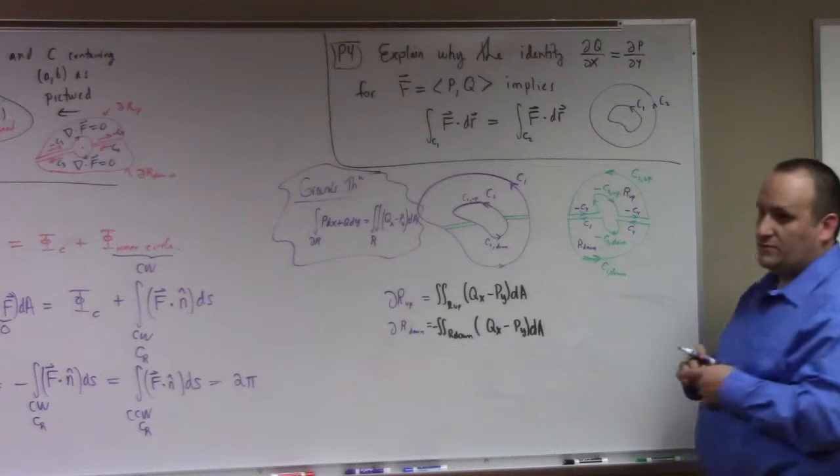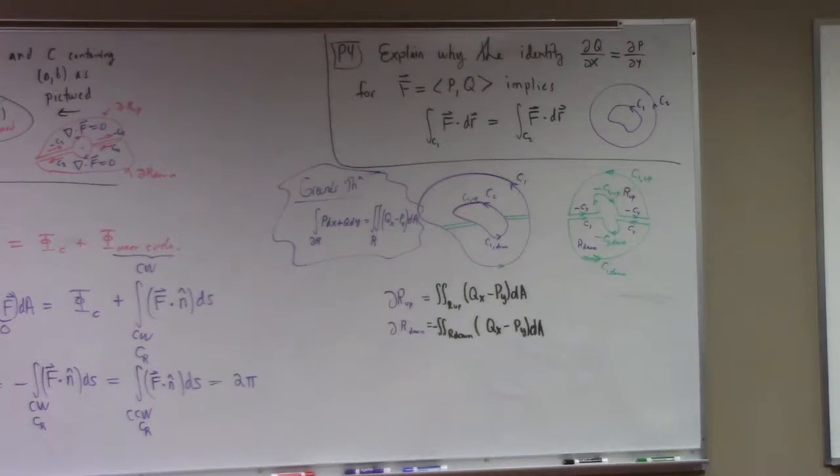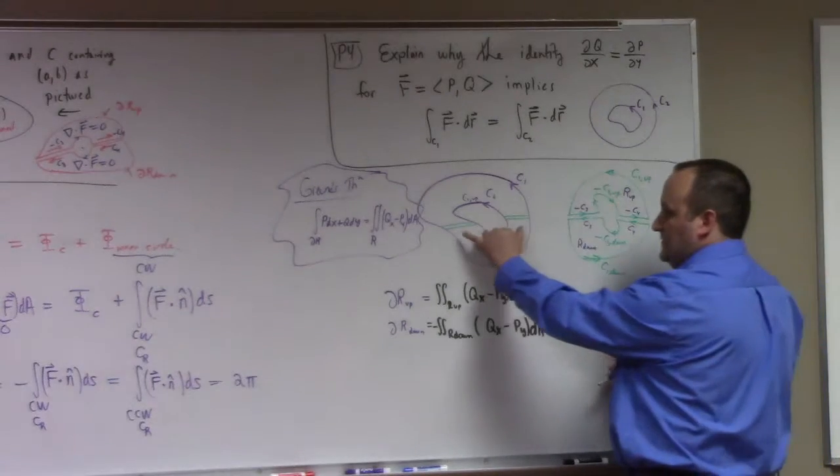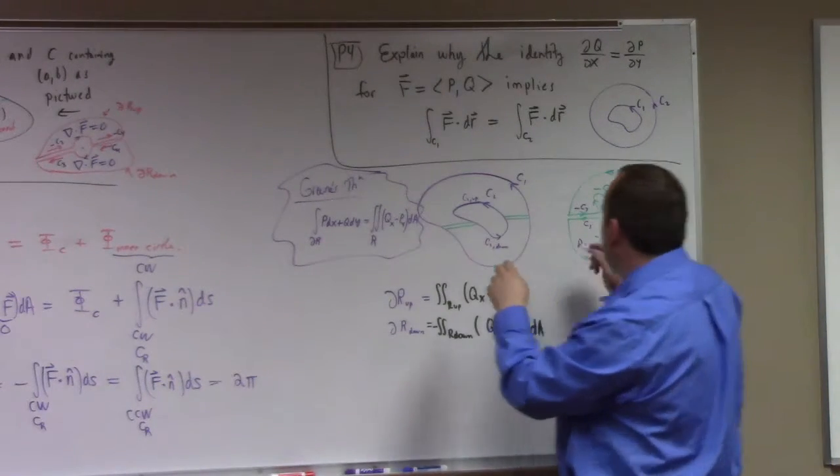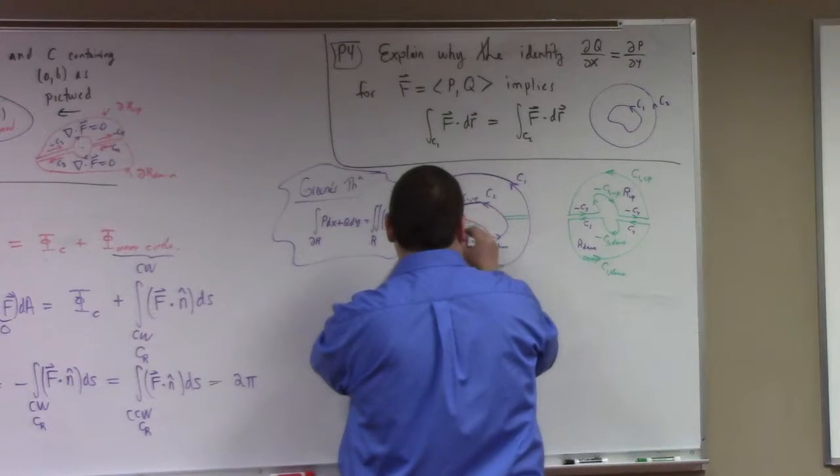C1 and C2 are 2 loops, similarly oriented, either counterclockwise or clockwise. Let's say counterclockwise for the sake of discussion. So if that's the case, what you can do is you can take these 2 loops and you can put in some crosscuts like this. So crosscuts in the sense that this one goes this way and that goes that way.